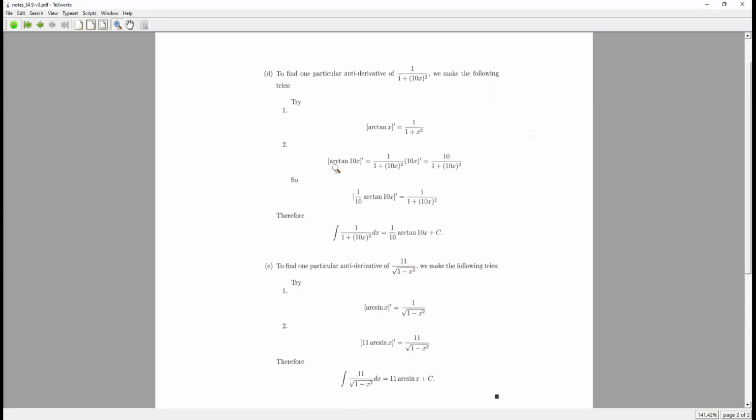Try arctangent of 10 times x. By the chain rule, the derivative of this function is this. Now, I move the constant 10 to the left-hand side. Then I get that the derivative of this function is this function.